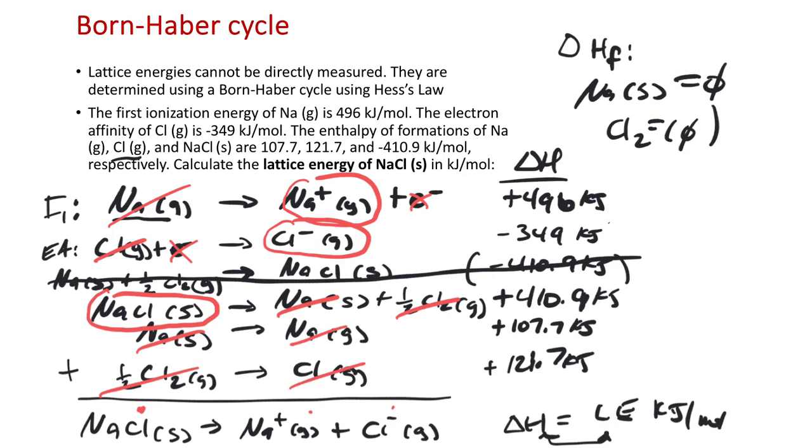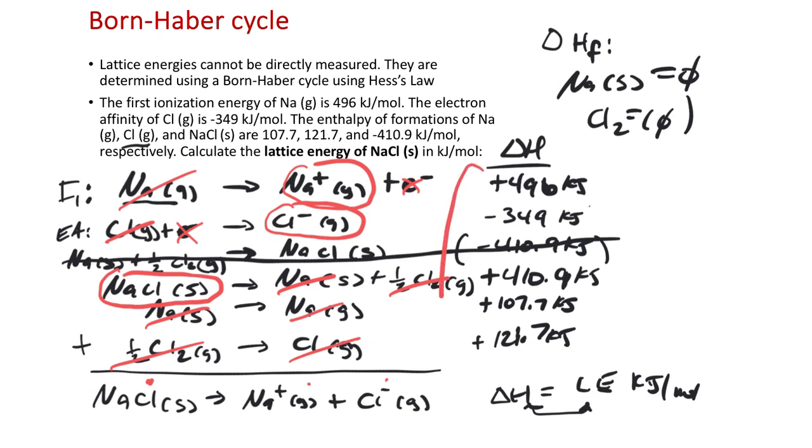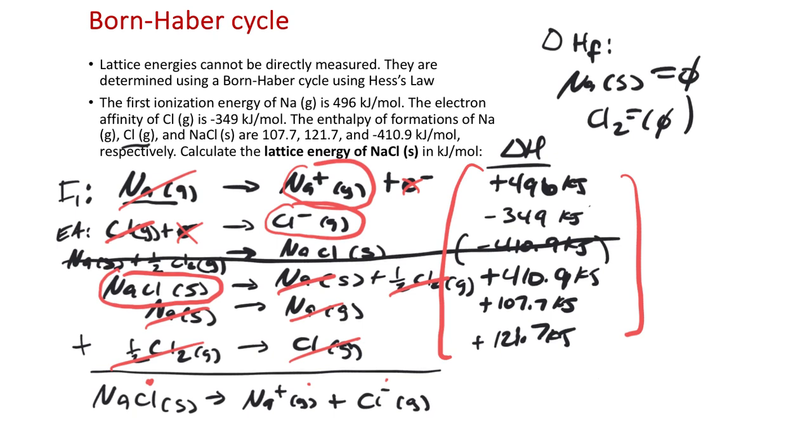And so then by applying Hess's law, by adding these reactions up, all I need to do is add up all of these delta H's. So I go 496 minus 349 plus 410.9 plus 107.7 plus 121.7. And so what that gives me is that the delta H of the reaction is equal to plus 787 kJs.